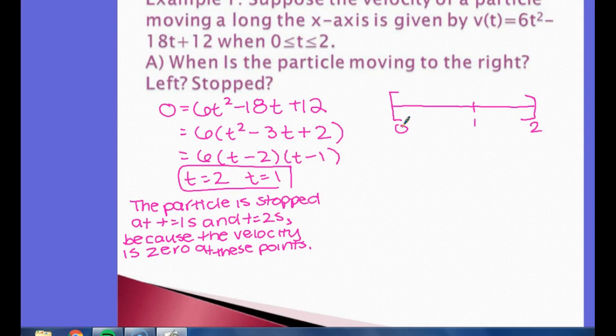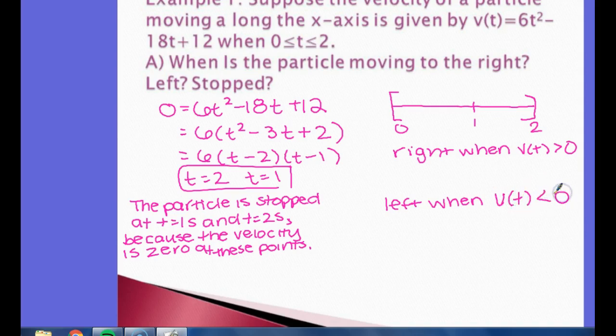So the particle will be moving to the right when the velocity is positive. It goes to the left when the velocity is negative.